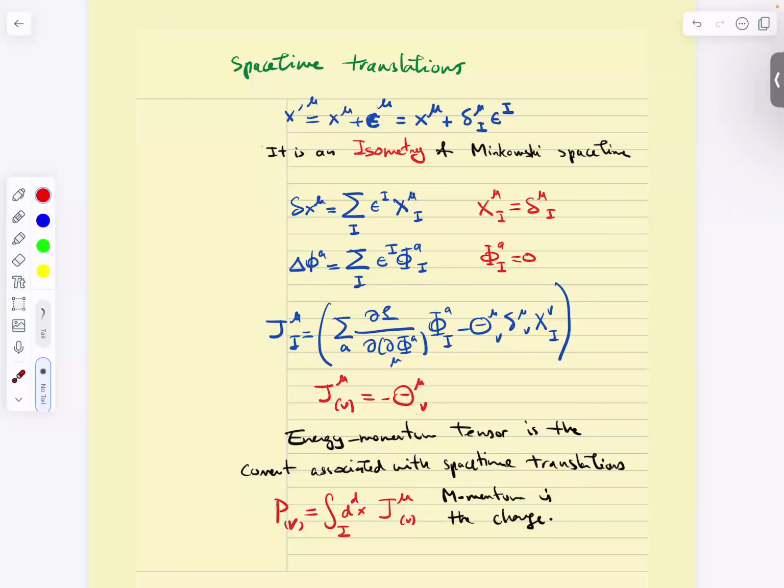There is no coordinate-independent way of saying which direction a vector is pointing. The vector is always defined in this space, on this map that is pulled using alpha. So these fields transform under my passive coordinate transformation. It's only the scalar field that was special, right? So capital delta phi for a scalar field is 0. For these other fields, delta phi is not 0 for a passive transformation. Good.